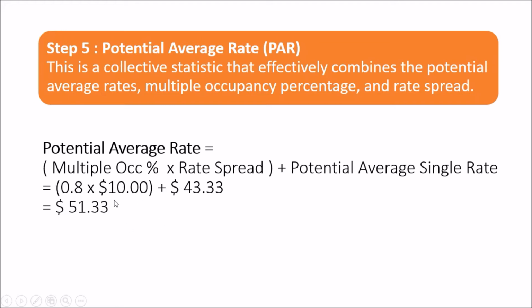Rate spread is $10, plus potential average single rate, which is $43.33. So when we calculate this, $51.33 becomes your potential average rate.